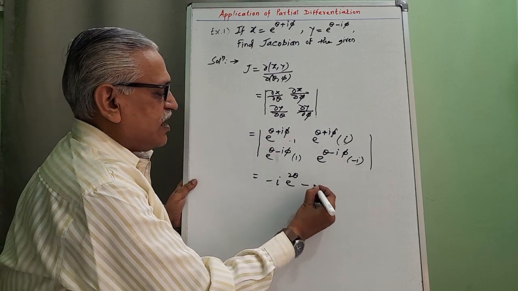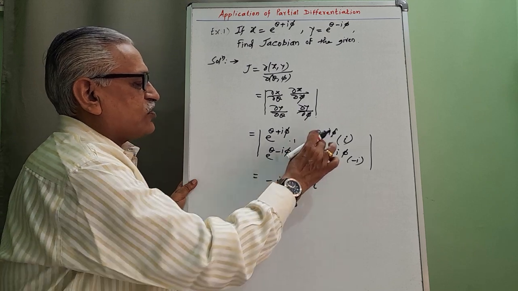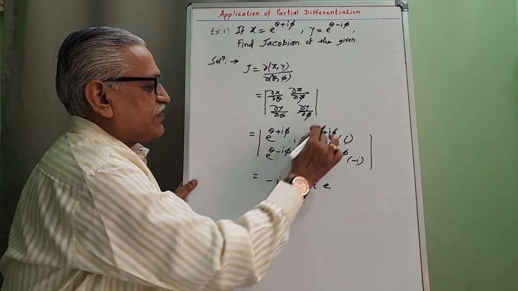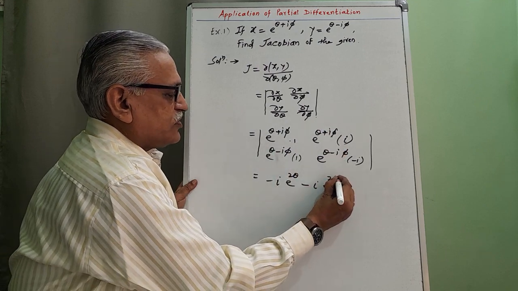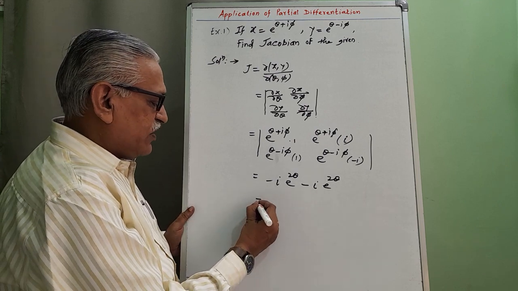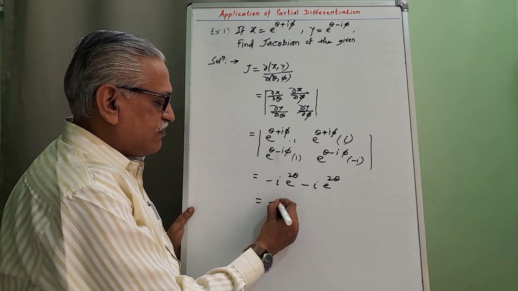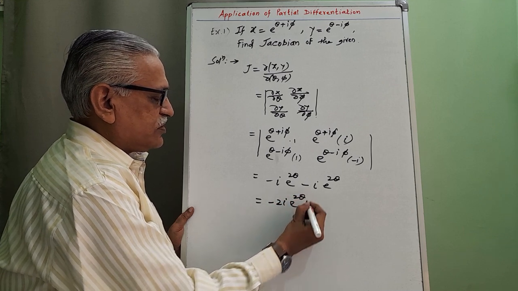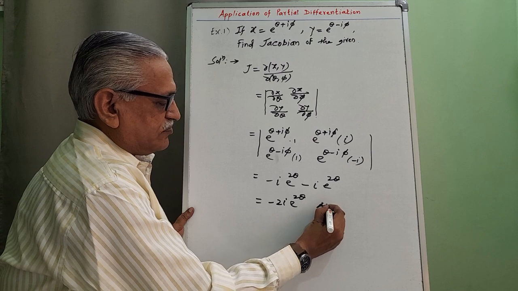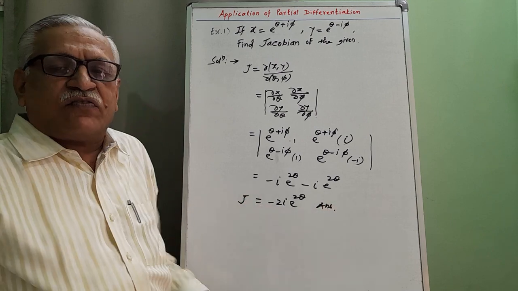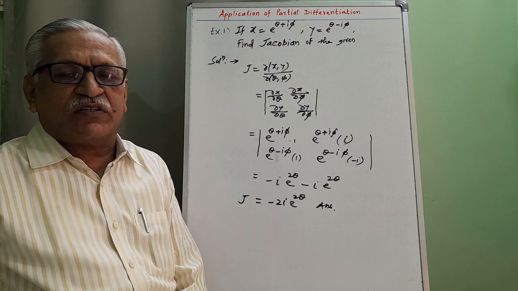Then minus i times the product of this, again addition of the powers, theta plus theta we get 2 theta, plus i phi minus i phi gets cancelled. And therefore, we get the value as minus 2i e raised to 2 theta, as the value of that Jacobian.